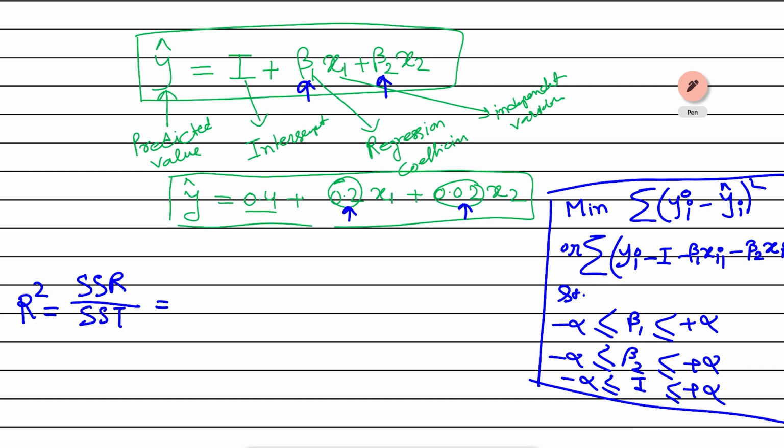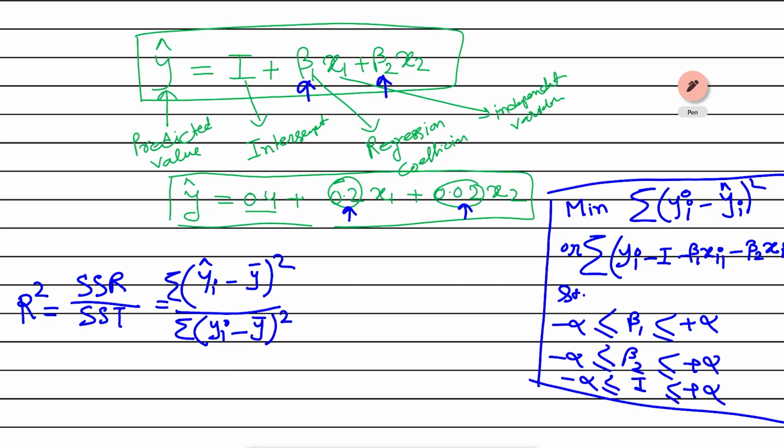That can be easily calculated with the help of the sum of y estimation minus y bar, divided by the sum of yi, your original observation, minus y bar.